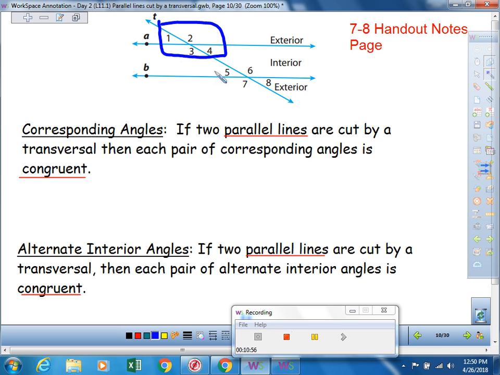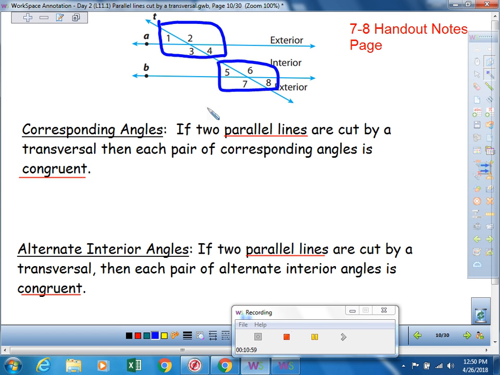There's a group of 4, and here's a group of 4. So what would be the corresponding angle to angle 2? 6, right? What would be the corresponding angle to 3? 7. How about to 8? 4. And to 5? 1. Okay? So those angles would be corresponding.